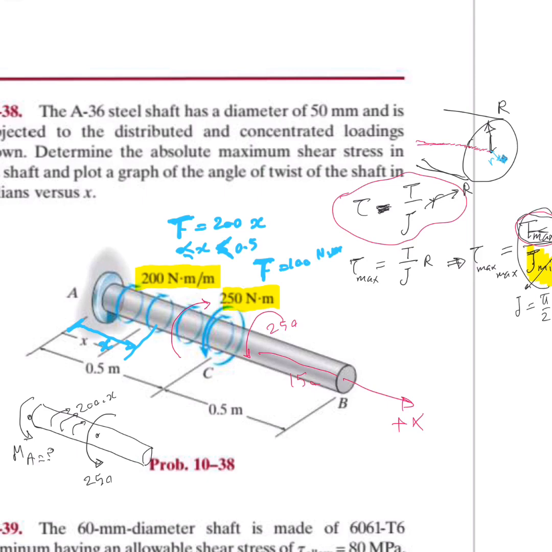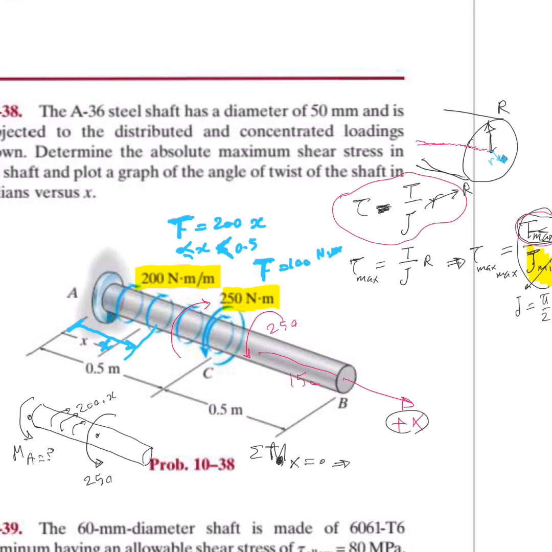Okay? So if I write the summation of torque in the X direction, or moment, both are the same. Sometimes we call it torque, sometimes moment. In the X direction, with positive X, the sum is equal to 0.